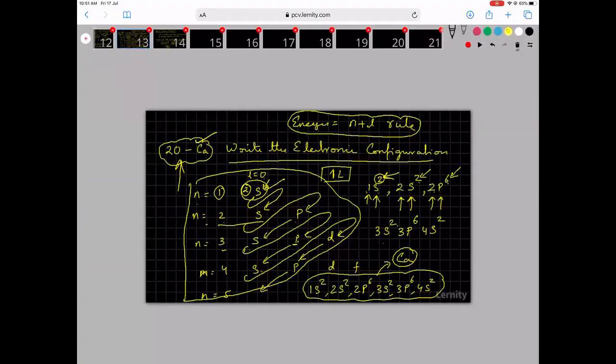So I have written 1s2. The 2 stands for 2 electrons. That is on the top. On the top, I have written 2 electrons. Just by writing 2 doesn't mean anything. I have told you that this is n is equal to 1, this is n is equal to 2, this is n is equal to 3, n is equal to 4, n is equal to 5, and so on.